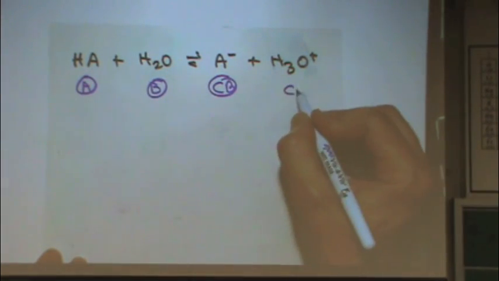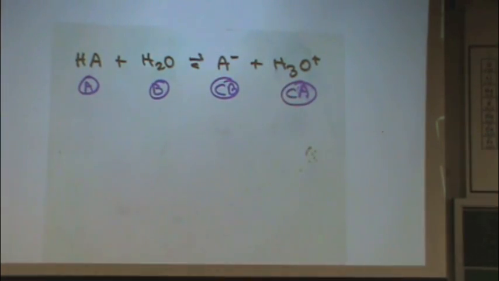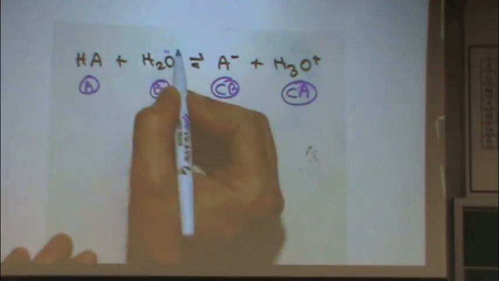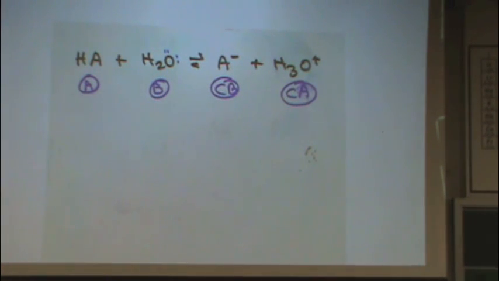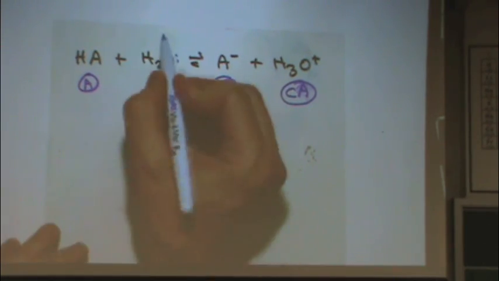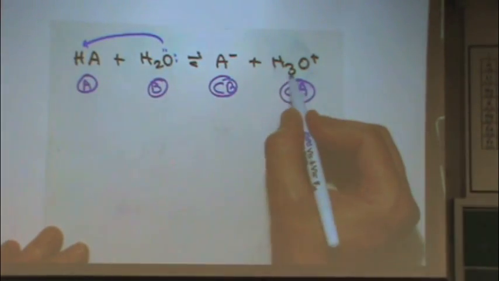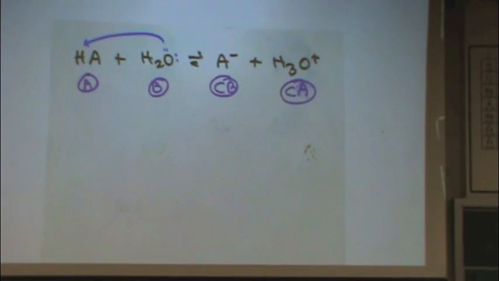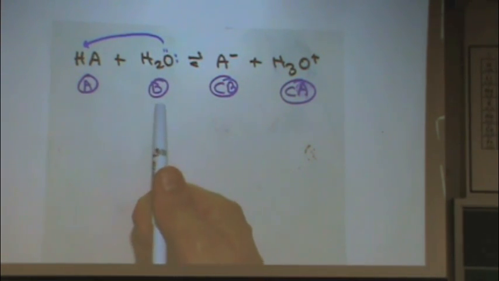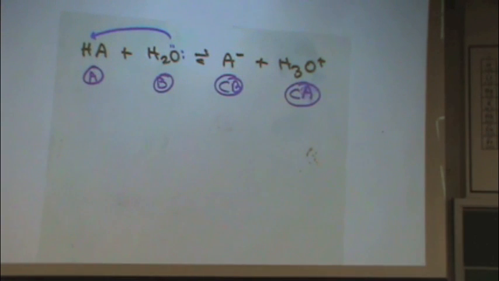And then H3O plus is the conjugate acid to H2O. Okay? So you should be able to label all those just fine. Now let's think in terms of Lewis. In terms of Lewis, there's lone pairs here on the water. So water is an electron pair donor. Okay? So it can donate its electron pair to the H, and that's how it gets the H3O plus.